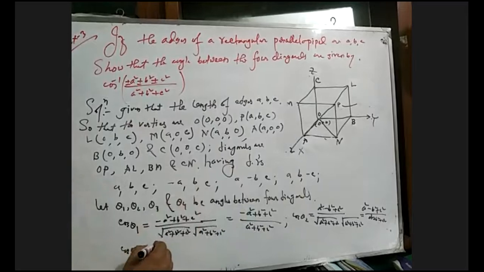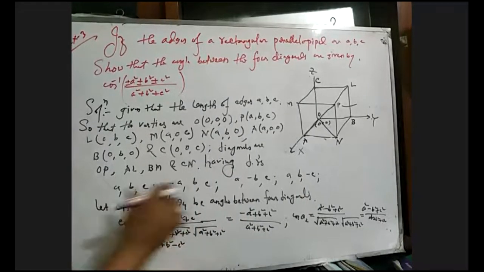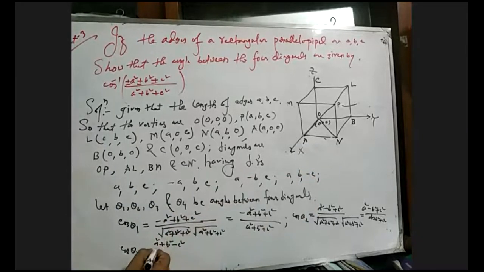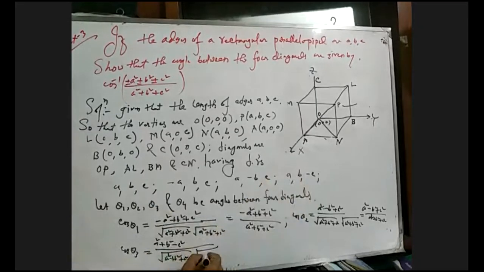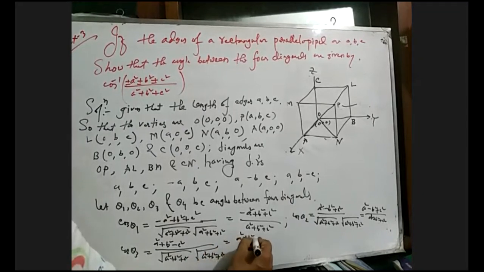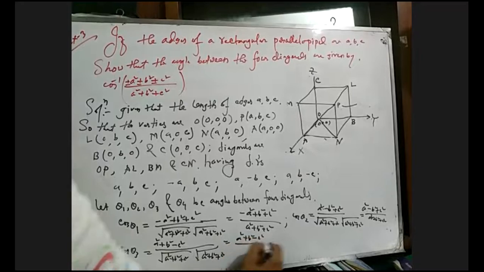So a square plus b square minus c square, then divided by square root of the sum of squares of this, a square plus b square plus c square, times square root of the sum of squares of this, a square plus b square plus c square. That means the same: this equals a square plus b square minus c square, divided by a square plus b square plus c square.